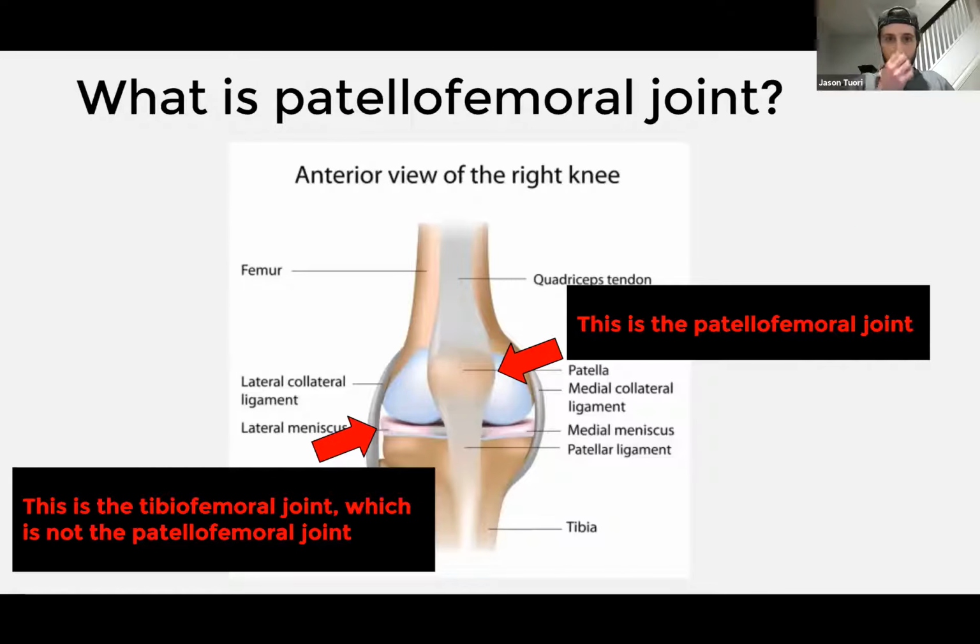So it's important to recognize first what is the patellofemoral joint, because when we think about the knee, the knee actually has two major joints. The patellofemoral joint is the contact area between your kneecap and your distal thigh, or your femur. So that's the area that we're going to be talking about tonight.